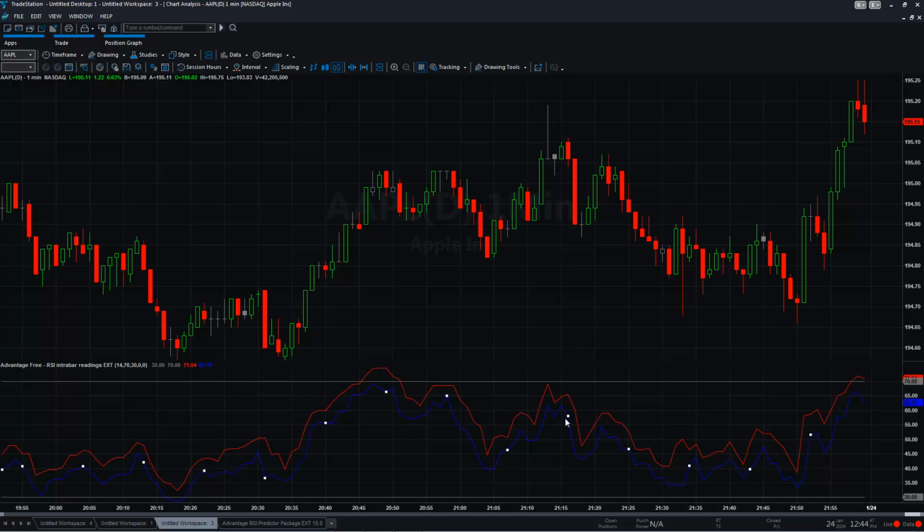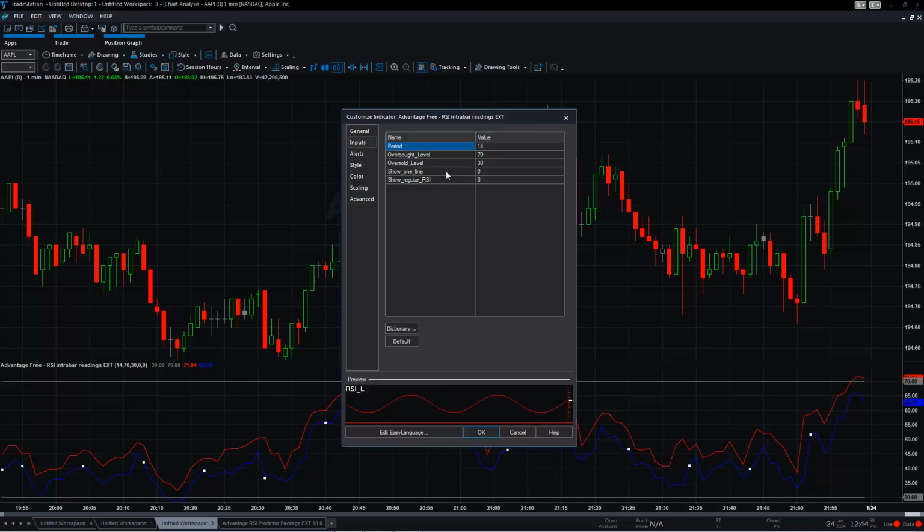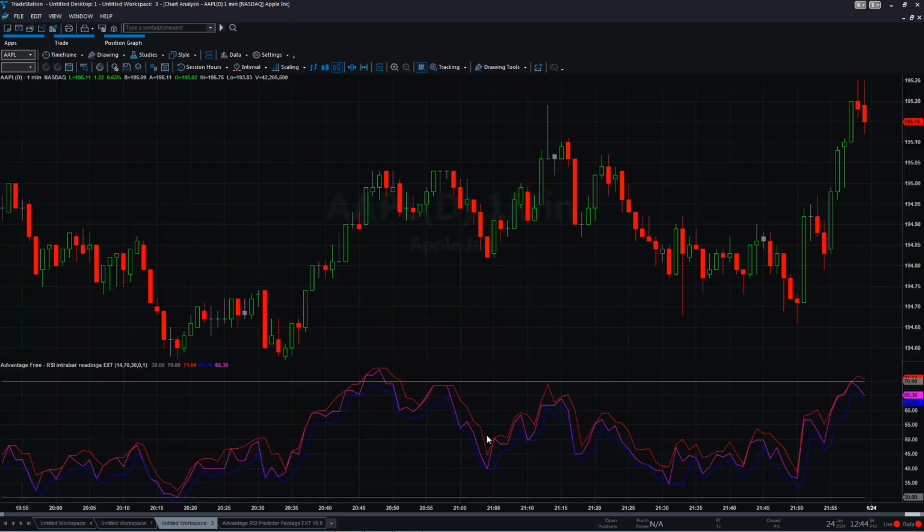And if you only look at the regular RSI, which gives you the closing value, the closing value is almost the same as the previous bar. Actually, it is the same. So the RSI, the purple line, is the same as the previous value.